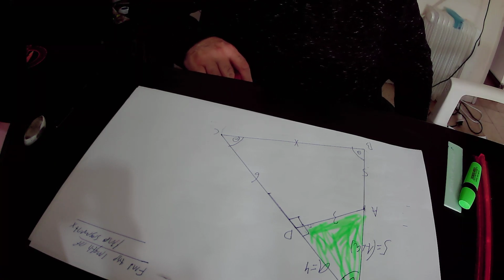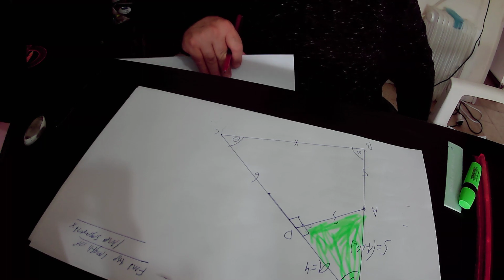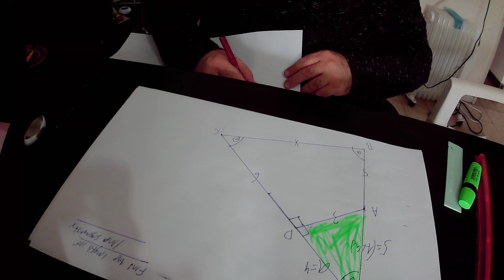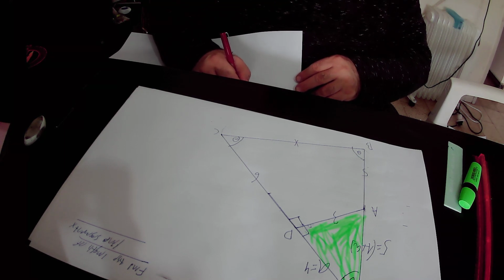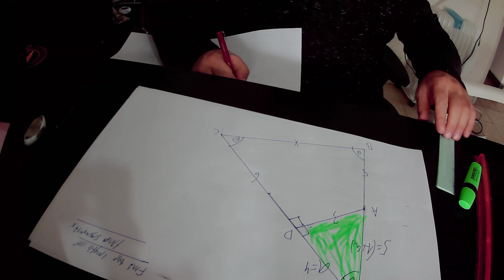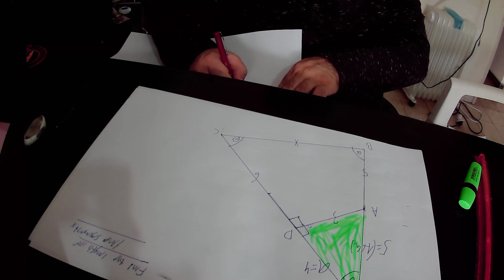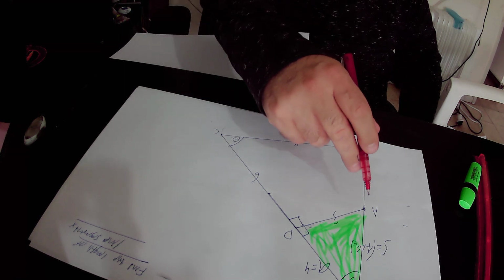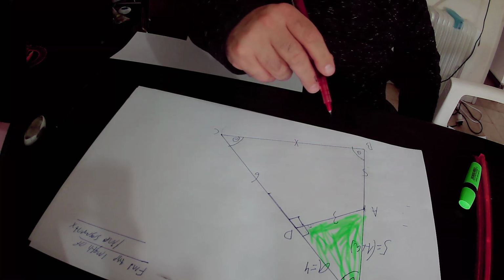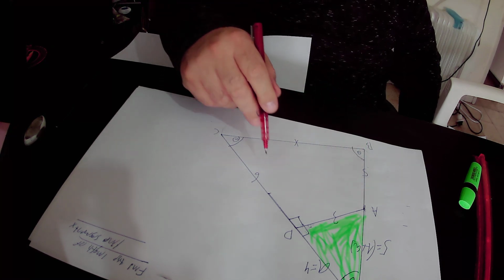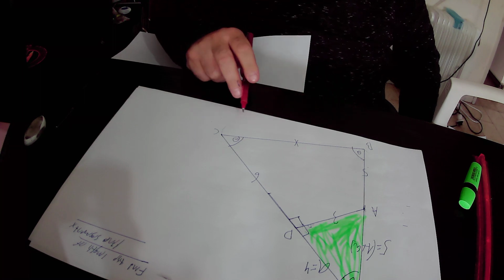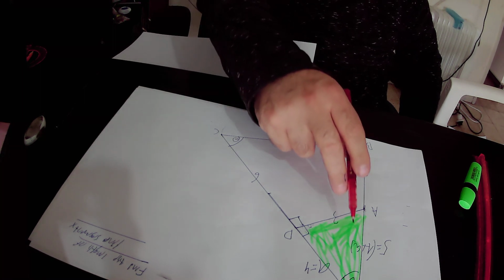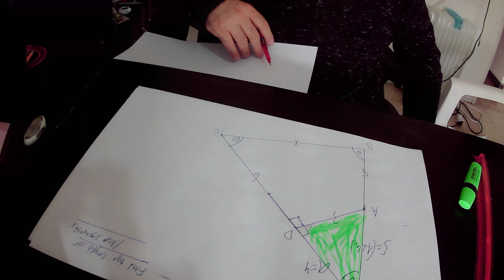So in triangle EBC, here EB is a, EC is b, and BC is c, that is x. And this is of course angle alpha.